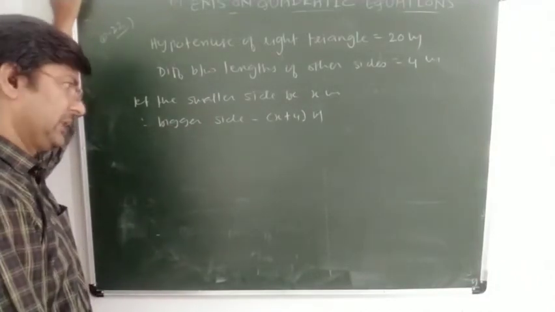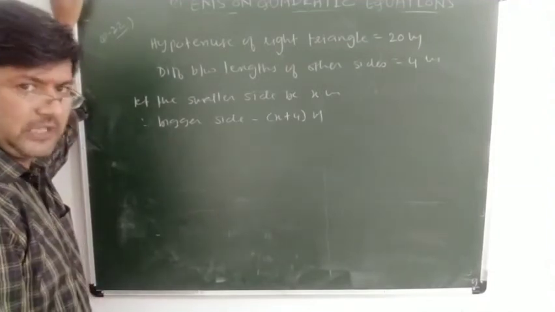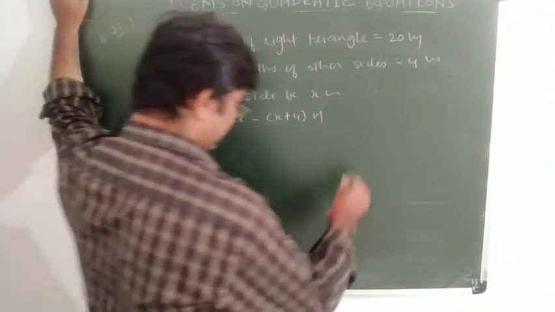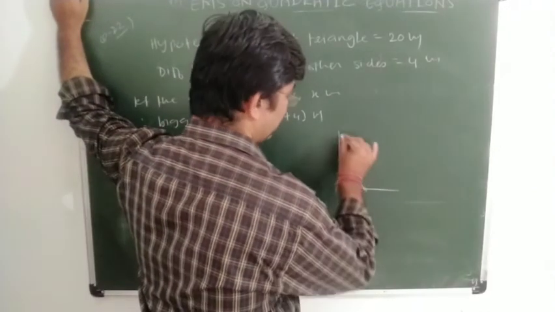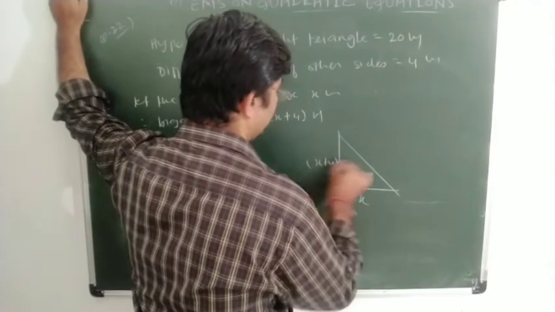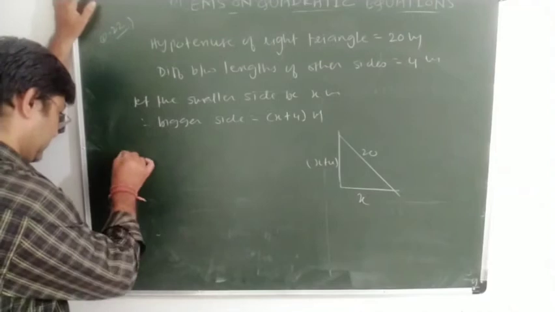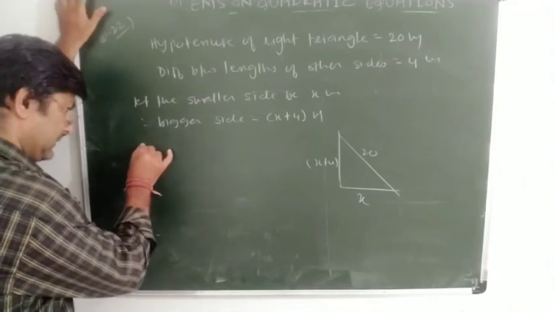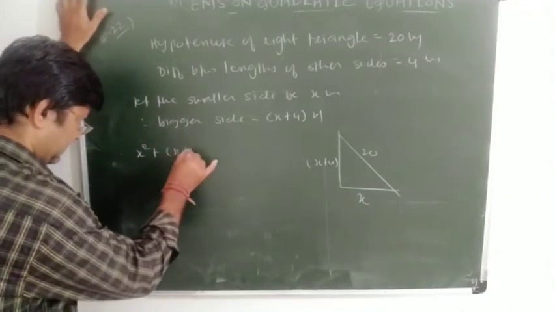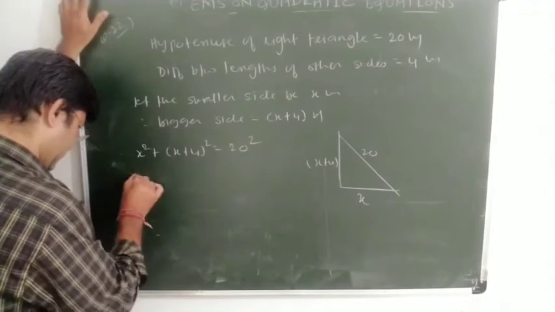The smaller one is x, the next one is x plus 4, and the hypotenuse 20 is already given, so we can use the Pythagoras theorem here to form a quadratic equation. Therefore we can write x square plus x plus 4 the whole square is equal to 20 square.